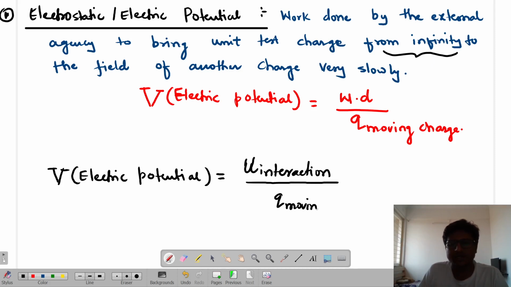Now you got the idea of the difference between potential energy and potential. Potential energy is the work which is stored, while potential talks about the capability to move that charge. That is called potential.